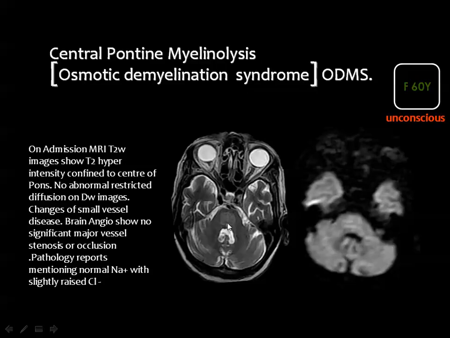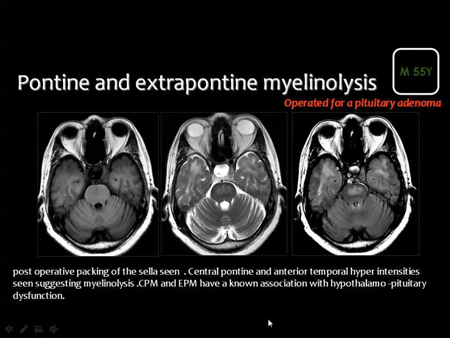Then you see faint high signal in the pons, and you can also see there is no diffusion restriction in this area. Another example of pontine and extrapontine myelinolysis in a patient operated for a pituitary adenoma.